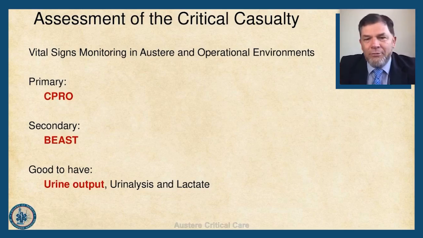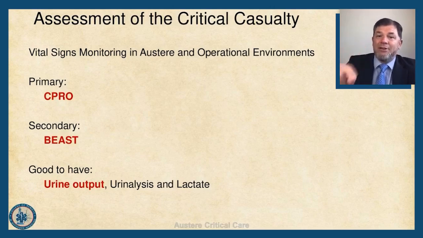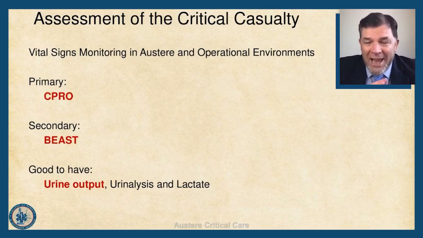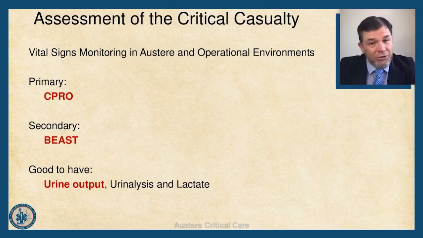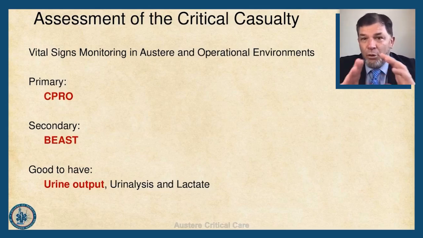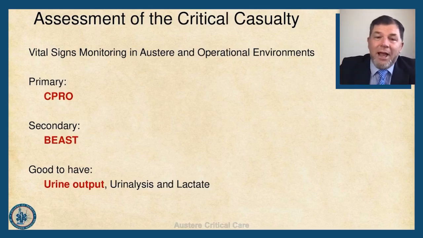Because we work in remote environments, temperature is in everything. If somebody has a temperature, especially in the tropics, I want to know about it, because it's 100% malaria until proven otherwise. And we have to be fastidious on our initial vital signs, so CPRO, and our secondary vital signs, BEAST, because between those two, the primary vital signs and the secondary vital signs, we're going to see these red flags.